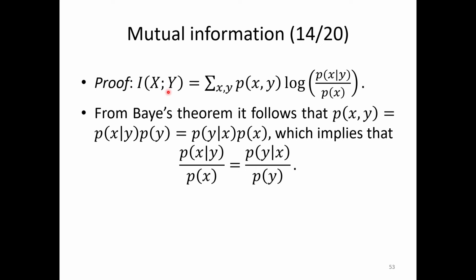Proof. According to the definition of average mutual information, I(X;Y) is equal to the summation over x, y of P(x,y) times log P(x given y) over P(x). From Bayes' theorem, it follows that P(x,y) is equal to P(x given y) times P(y), and is equal to P(y given x) times P(x).